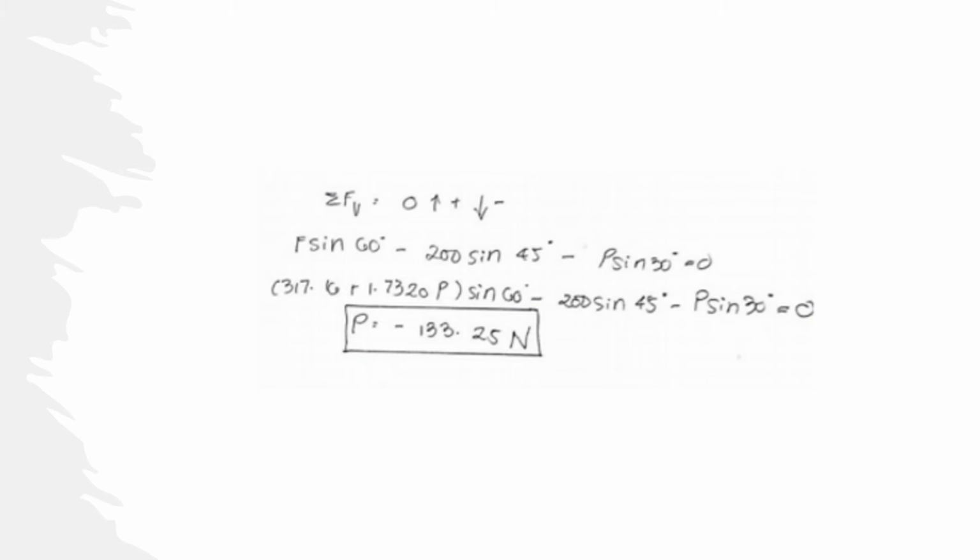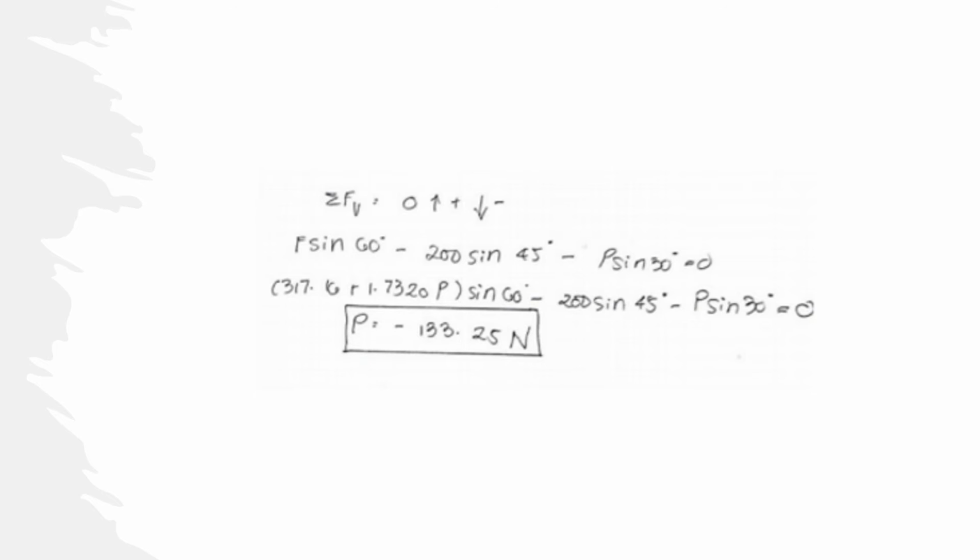Since we already have the first equation, we can solve for P by using the summation of vertical forces. So F sine 60 minus 200 sine 45 minus P sine 30. And we already know that F is equal to 317.16 plus 1.7320P, so multiplied by sine 60 minus 200 sine 45 minus P sine 30 is equal to 0.